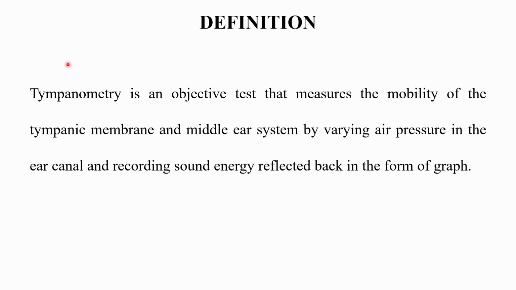So by definition, tympanometry is an objective test that measures the mobility of the tympanic membrane and middle ear system by varying air pressure in the ear canal and recording the sound energy reflected back in the form of a graph. Okay.